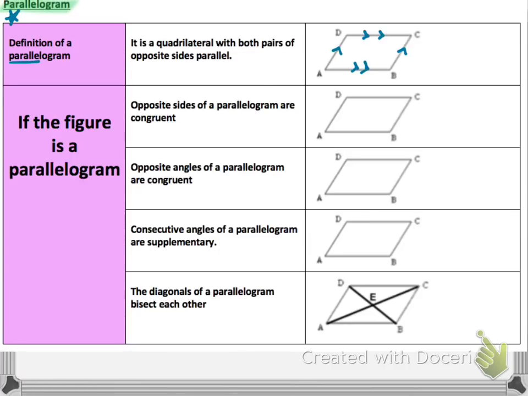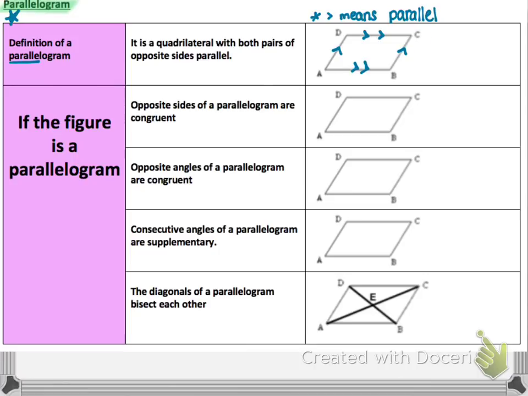An important thing to remember here is that those little arrows mean parallel. It does not mean that they're congruent. Congruent is tick marks. It's different.